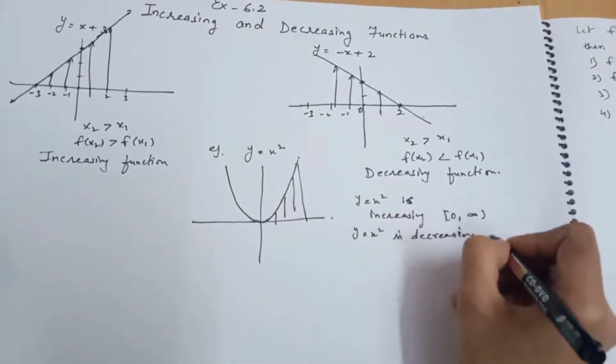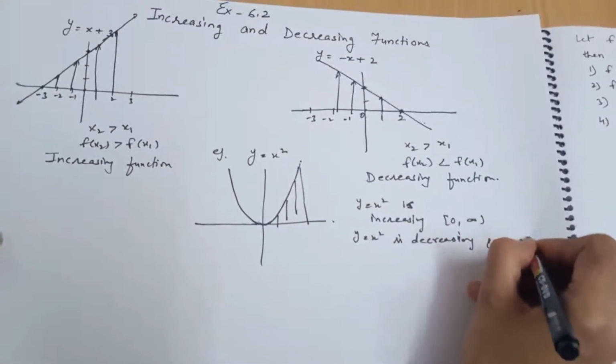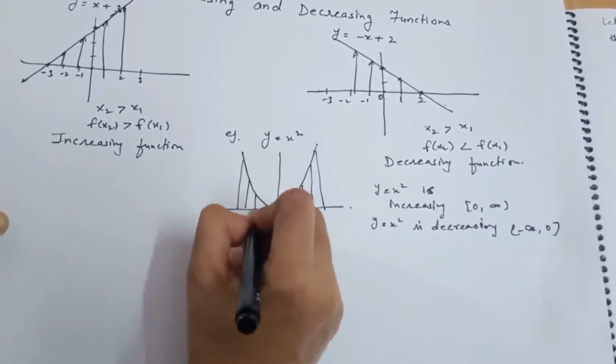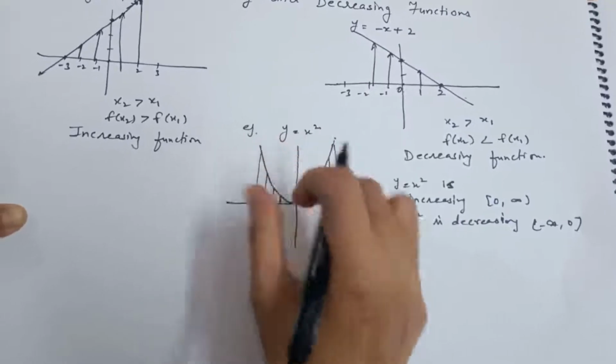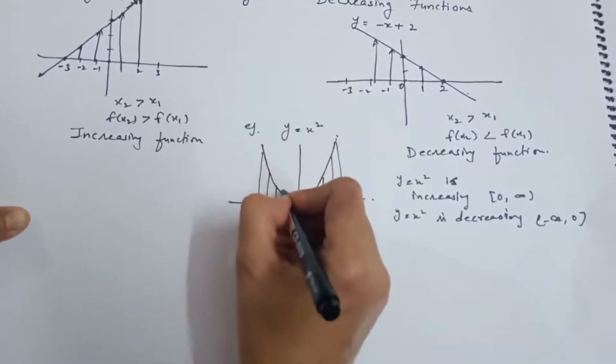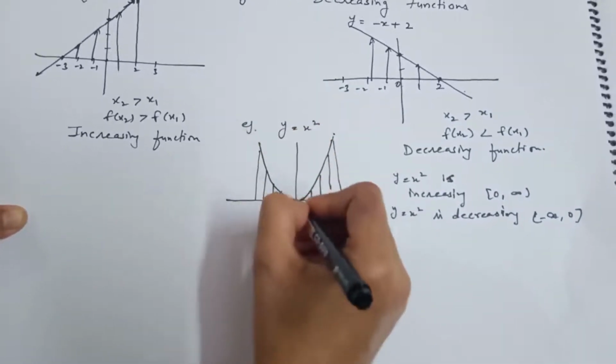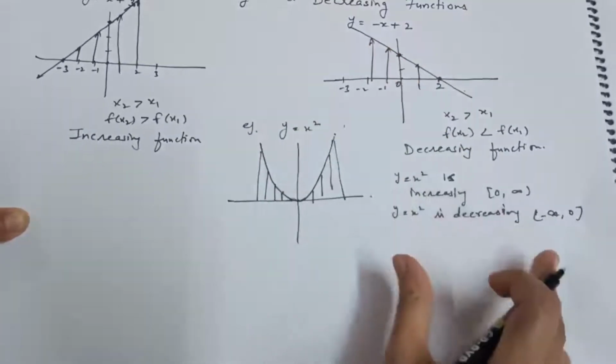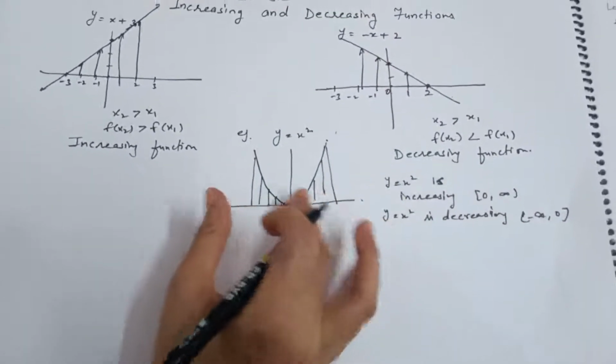Decreasing in the interval minus infinity to 0. If you move this side, the value of f(x) is going smaller, it is decreasing, correct? So till here it is decreasing, then here it is increasing. So we can find it this way.